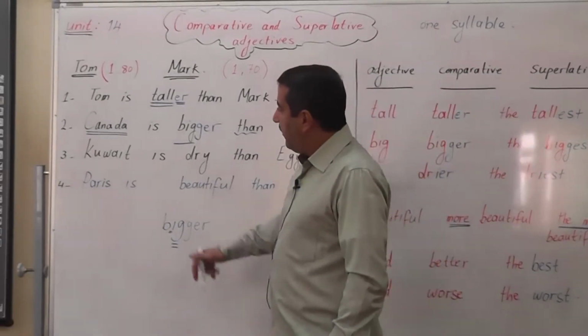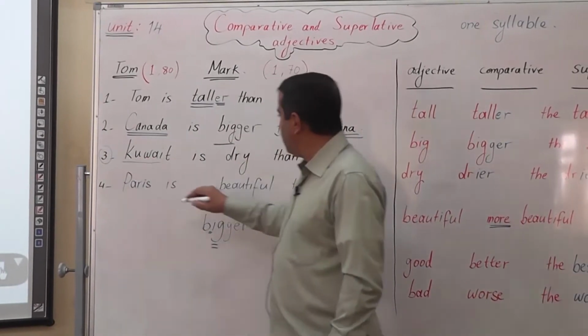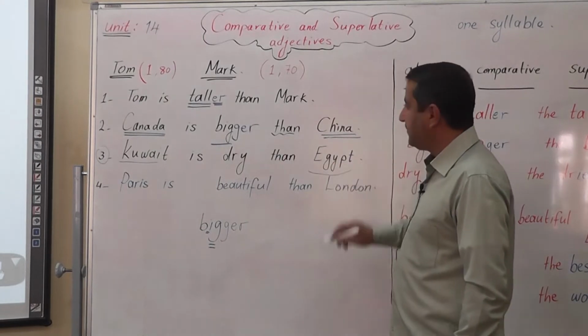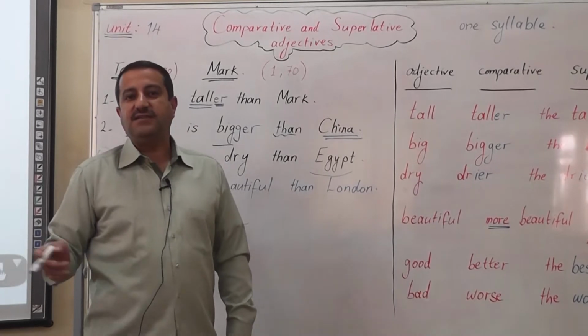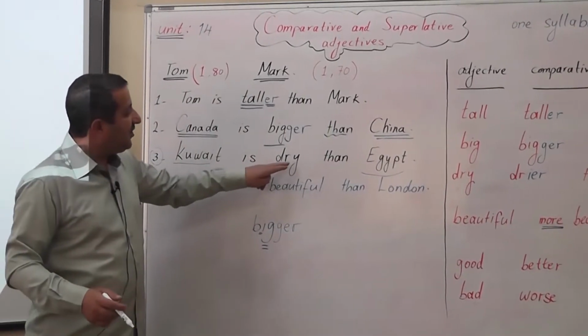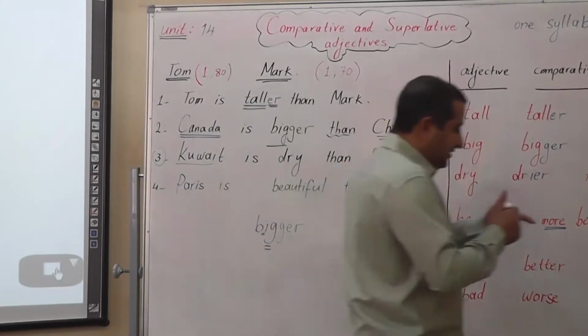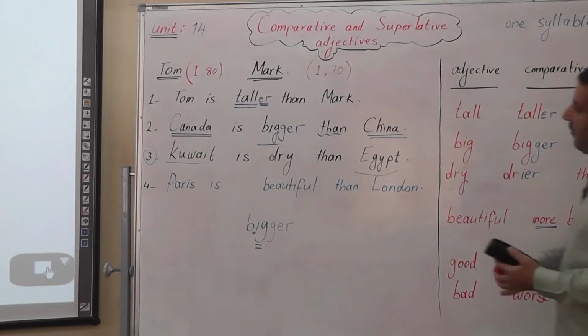All right. Look at the third example. We have two countries. We have Kuwait and we have Egypt. Okay. Egypt is a dry country. Kuwait is a dry country too. But Kuwait is drier. Kuwait is drier than Egypt. Okay, look at the word dry.